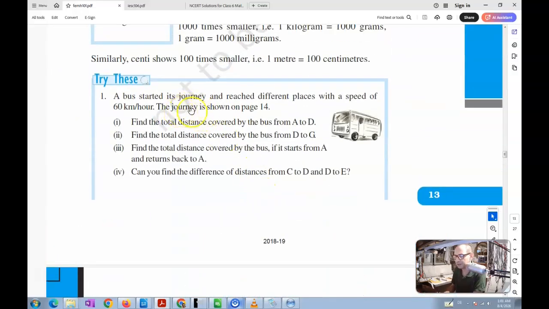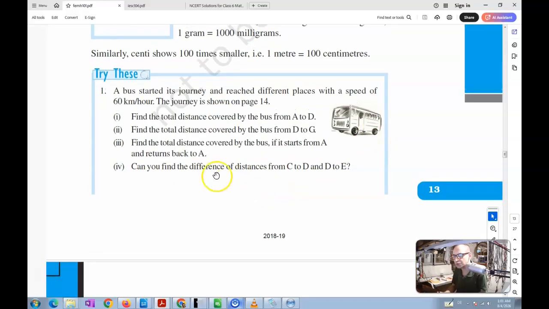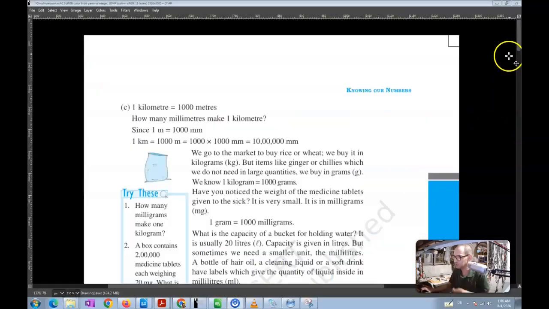Find the total distance covered by the bus from A to D, the total distance covered by the bus from D to G, the total distance covered by the bus if it starts from A and returns back to A, and then find the difference of distances from C to D and D to E. So you can do a little bit of calculation here, which is in and of itself useful and valuable in mathematics.